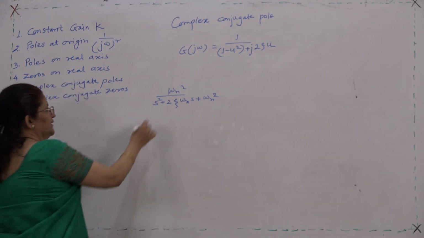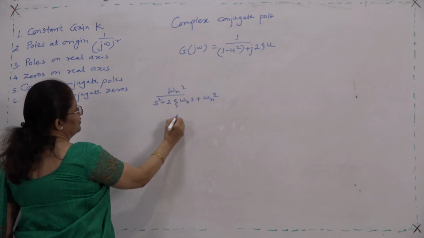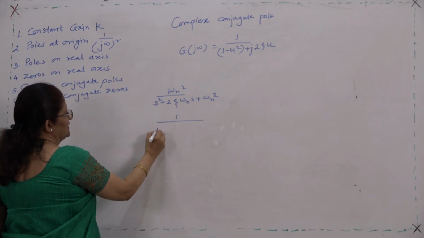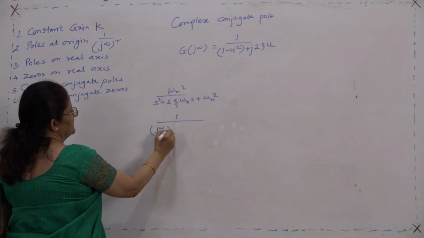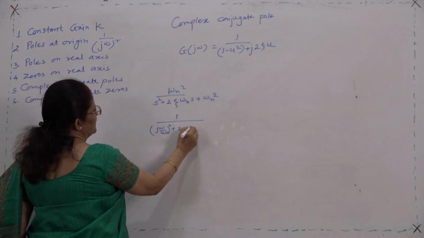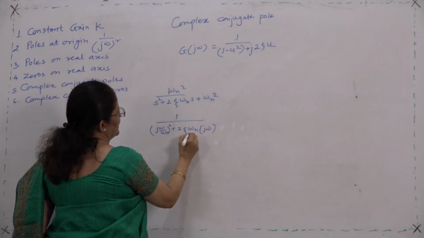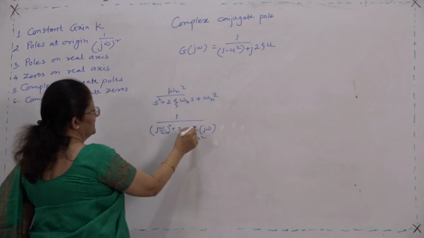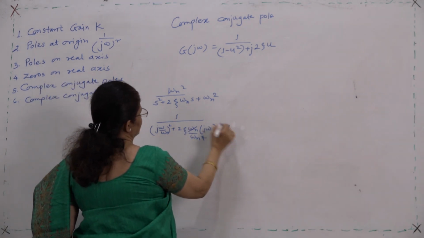Then what we are doing? Divide by omega n square both numerator and denominator. So, we will get 1 upon, replacing s by j omega, j omega upon omega n bracket square plus twice zeta omega n j omega upon omega n square, plus 1.